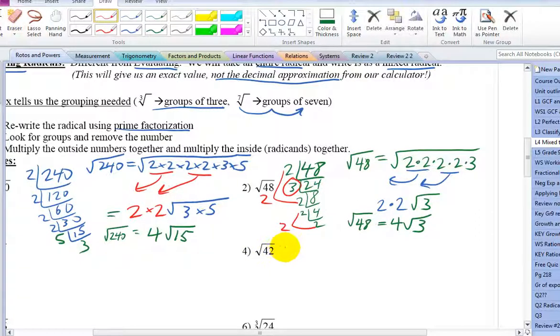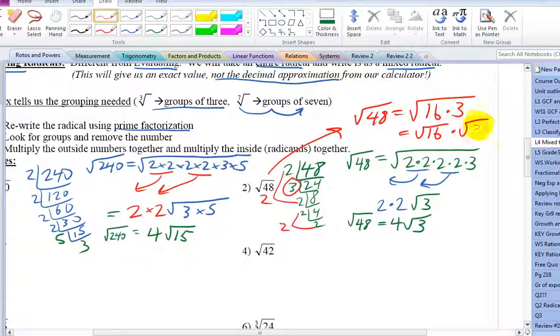Now, in the textbook, what you're going to see is you might see this. You might say, oh, they went and did square root 48 equals square root 16 times 3. Okay, that equals square root 16 times square root 3.